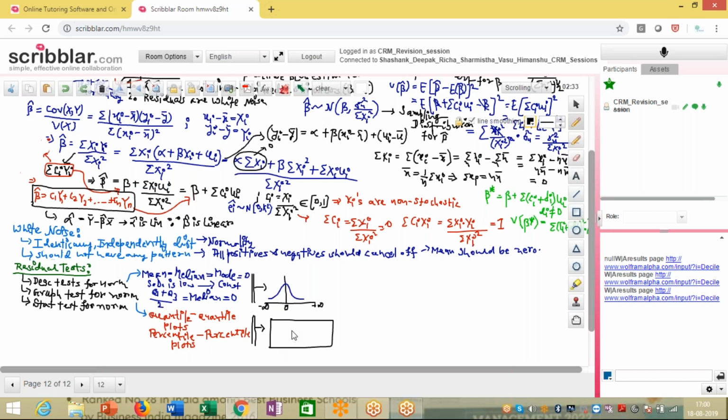Over here we have the percentiles, or let's say the quantiles. It's not the quartiles, but the quantiles, or percentiles, whatever you may call it, the PP plot as they call it. And over here we have the percentage.